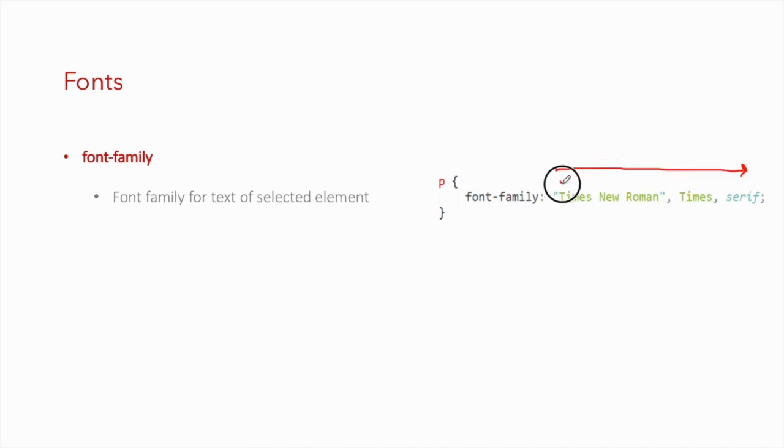If this font is not there, then this will be applied to your rendering page, and even if this is not there, if the system font is not there, then the default typeface, which is computer generated, will be applied. So it's always good to have this kind of grouping of your font families, but it's not compulsory. You can write a single font name like this as well.